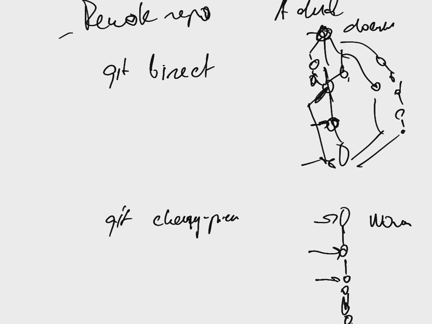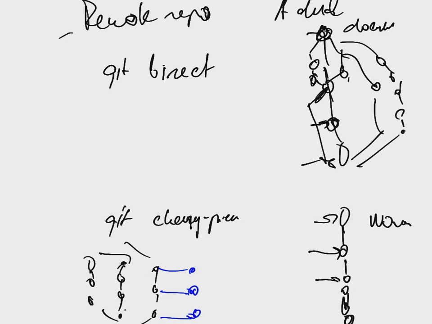So of course it doesn't look like this in reality. For example, on local repositories you have several parallel branches, but when you make it into master you do something like this. You first cherry-pick these commits in sequence, then you cherry-pick these commits in sequence, and then you cherry-pick these commits in sequence.